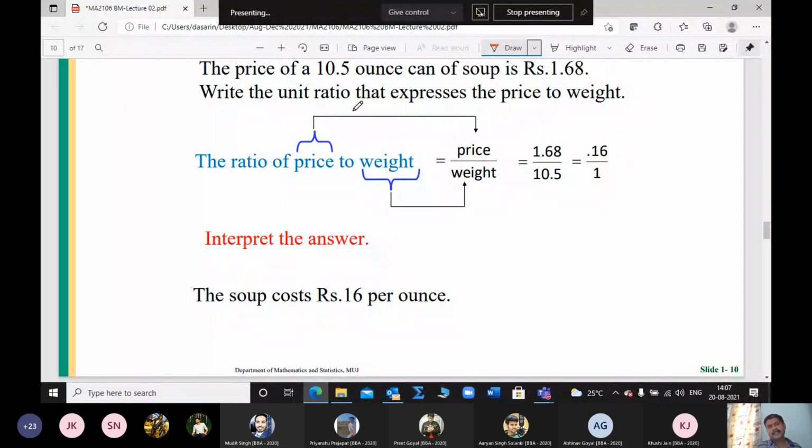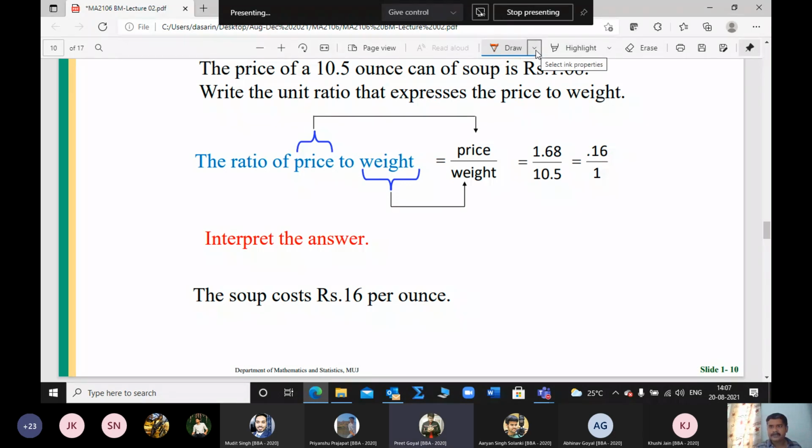We can solve this question with another approach also. 10.5 ounce costs 1.68 rupees. So this is the unitary method. The 10.5 ounce soup costs rupees 1.68. So what would be the cost for 1 ounce of soup? 10.5 is 1.68.